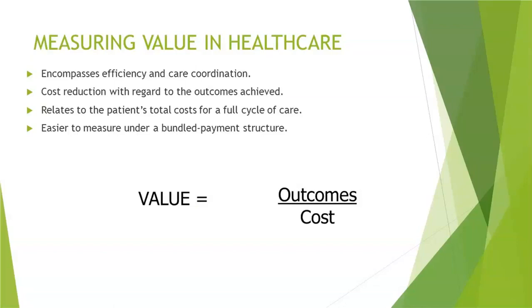So if we're thinking again in the context of the efficiency measure, that full cycle will be from 3 days before admission to 30 days after discharge. And it may be easier in your organization to measure this in a bundled payment structure because of the way that bundled payments are managed and paid for. So value equals outcomes divided by cost. How much does it cost me for a patient to achieve those expected outcomes?